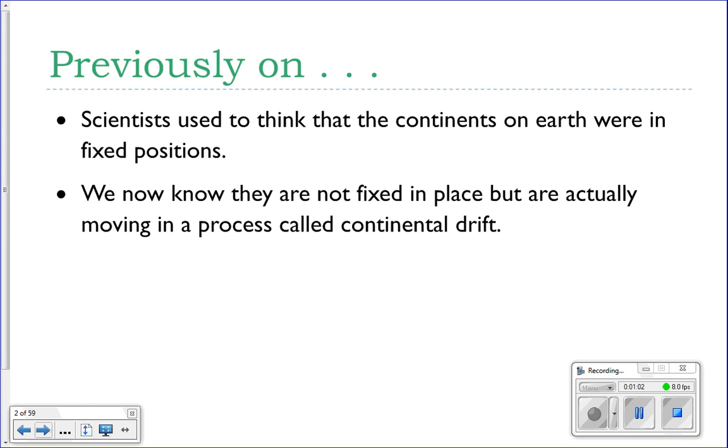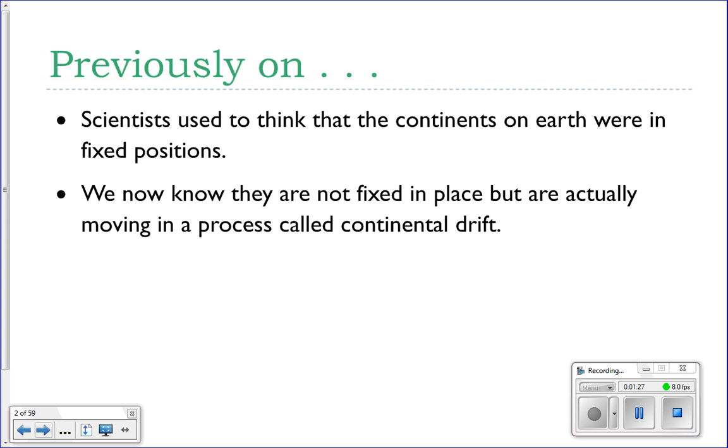So, the first thing that we need to look at is the seafloor and how it is the way that it is. Basically, back in the day, scientists used to think that the Earth was one giant solid rock, right? And the continents were where they were, and they were staying there, and they're not moving, right? We now know that that's not true.